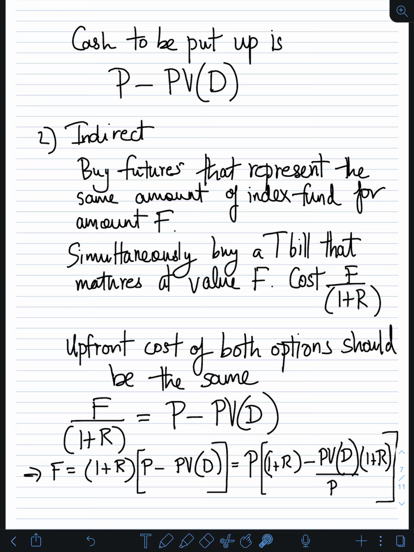So it'd be P times 1 plus R minus this term, PV of D times 1 plus R divided by P. Okay, so that's how you value futures for a T-bill and for a stock index future.